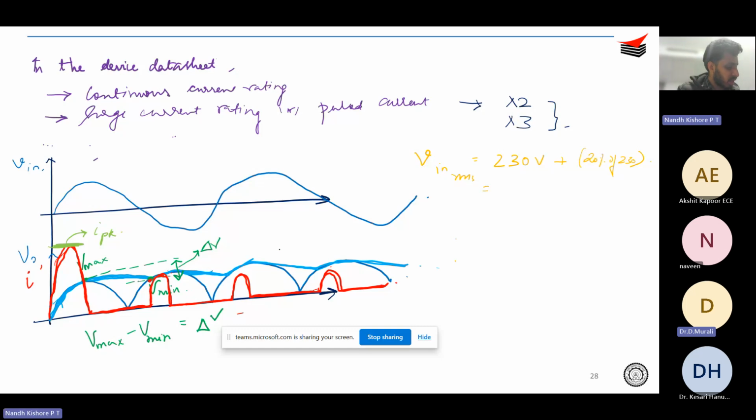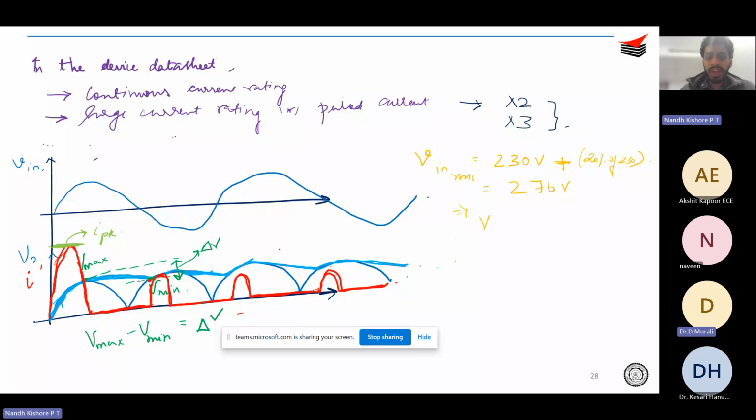So 0.2 into 230. Correct. So what is this? Plus 230. So you have 276 volts as your maximum RMS. Correct. This is the worst case RMS.